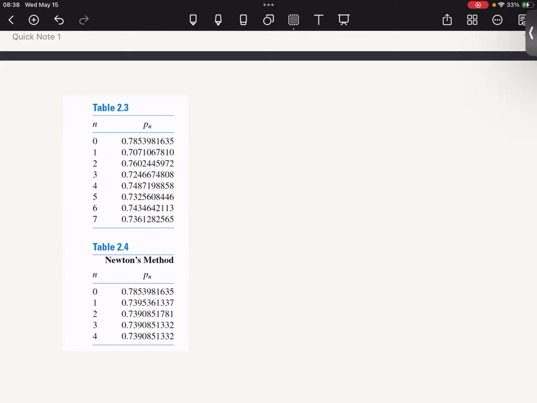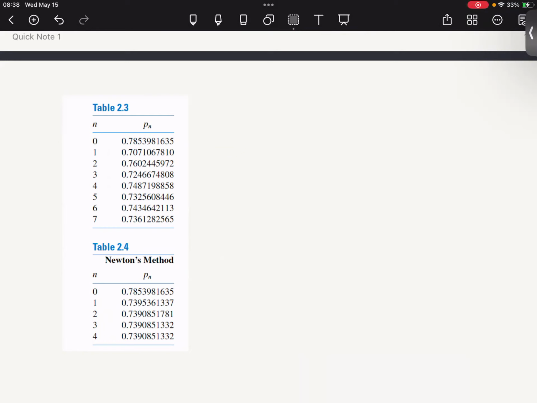So we stop the equation here for Newton's method, because we have the stopping criterion in these two methods, and it stops once the difference between the previous iterate and the current one is small enough, right?